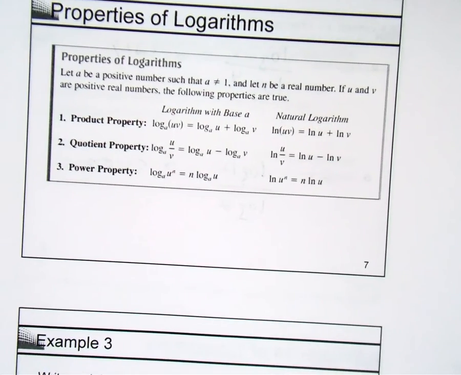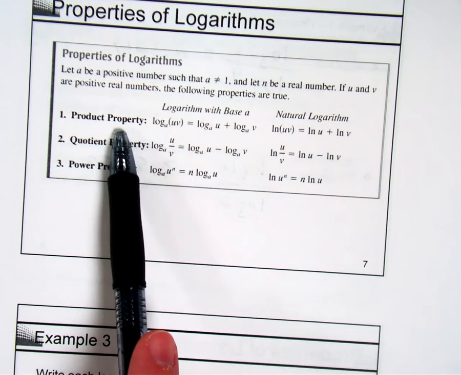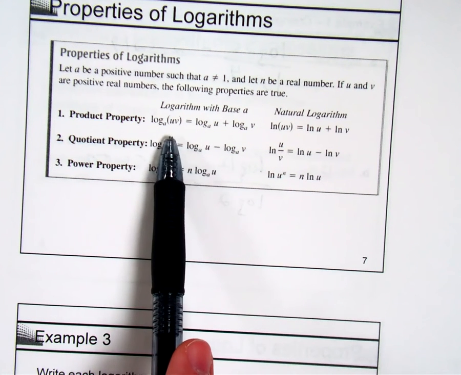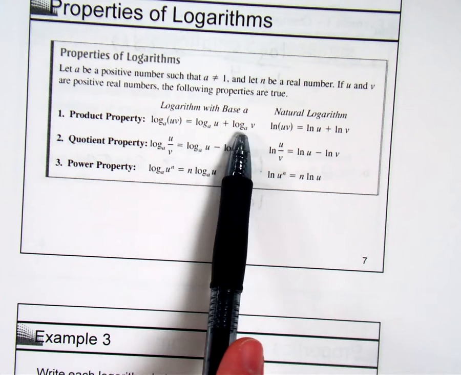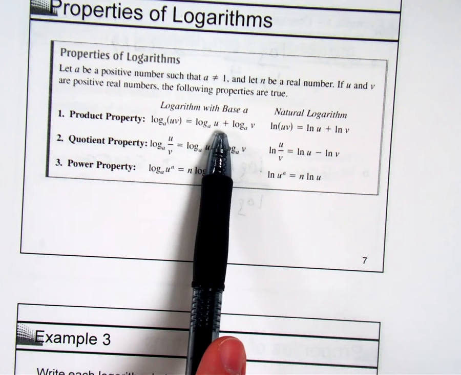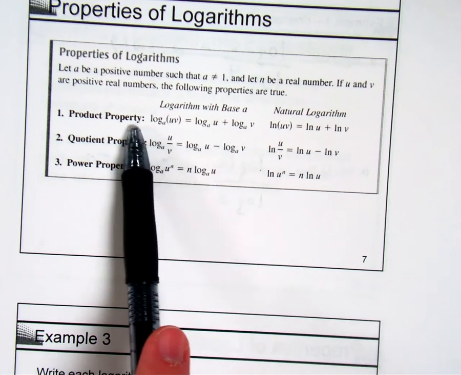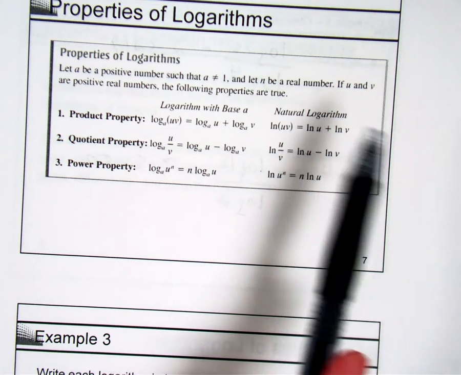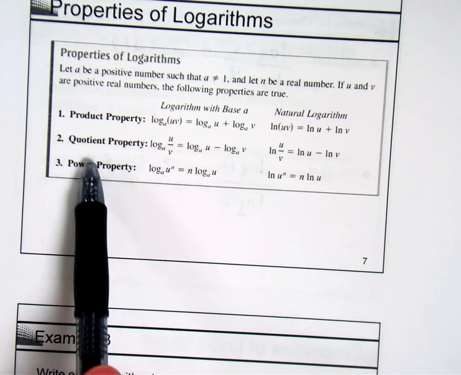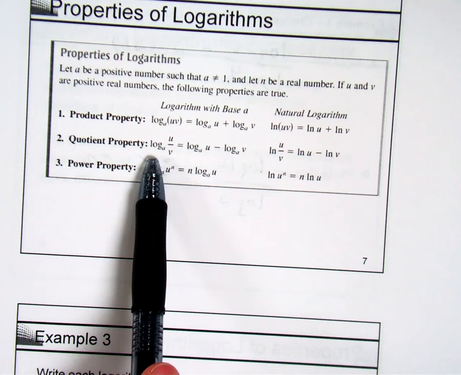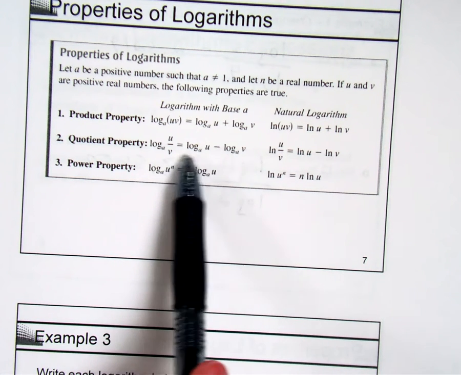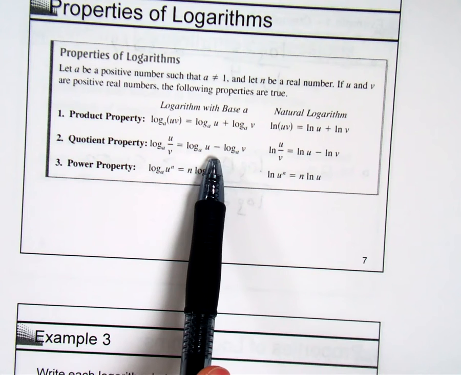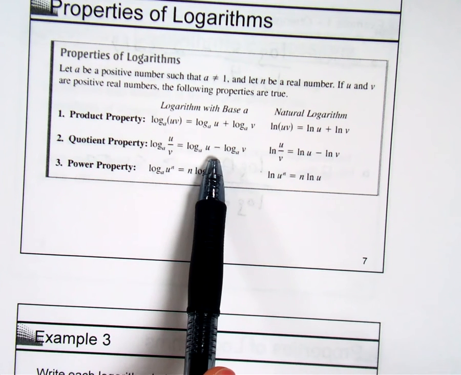And here they are, properties of logs. We've got the product property. If we have log base a of u times v, we can separate those into two separate logs, both of base a, with addition, whether you're using common log or natural log. Quotient property, log base a of u divided by v, we can separate into two separate logs with subtraction.